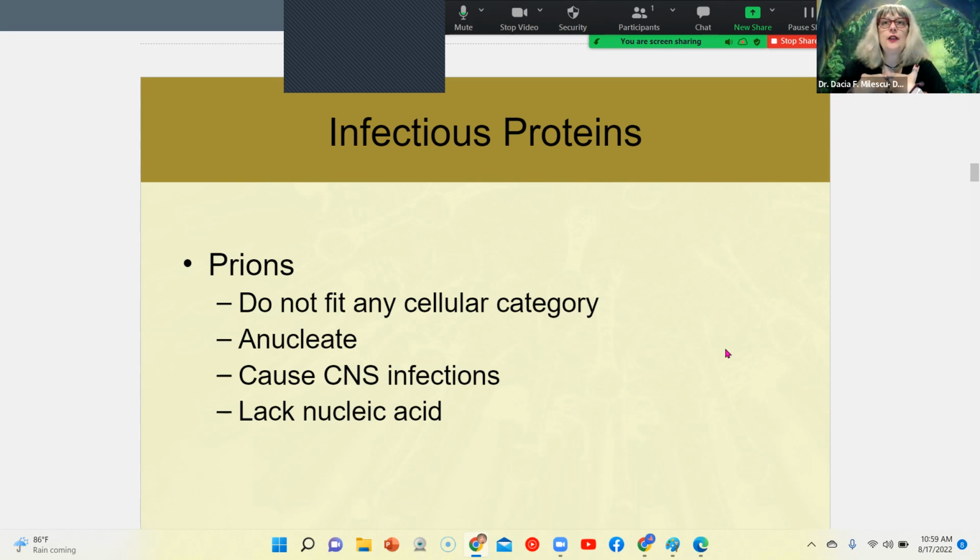In order to honor their family members that died, they felt that by eating their brain, they would also take in the soul of their family members and remember them. It's very unique and strange to us, but that was their belief system. So they would eat human brain.